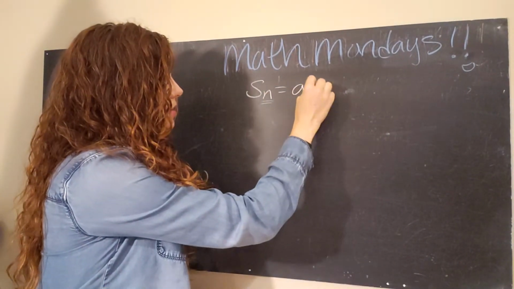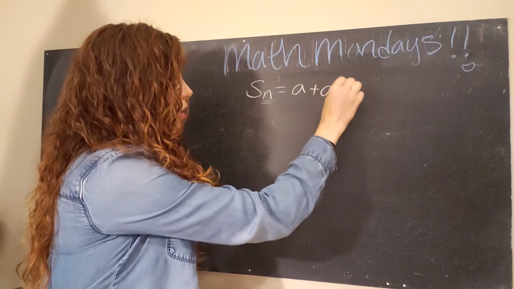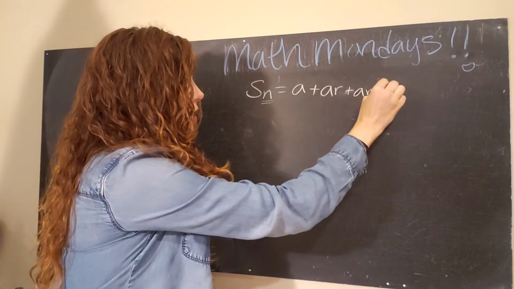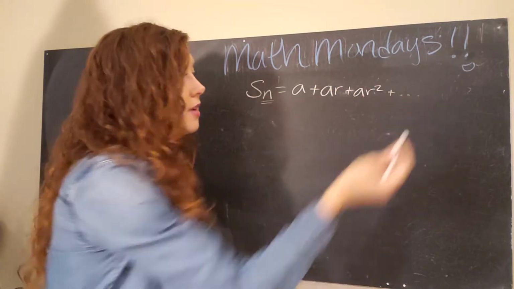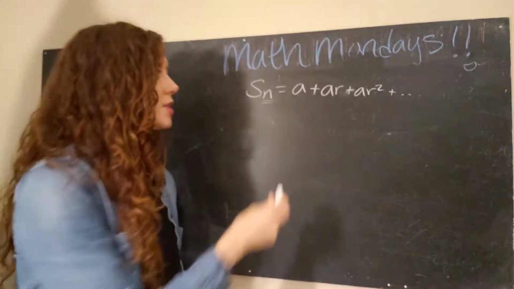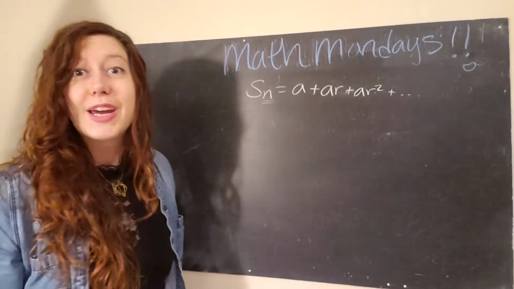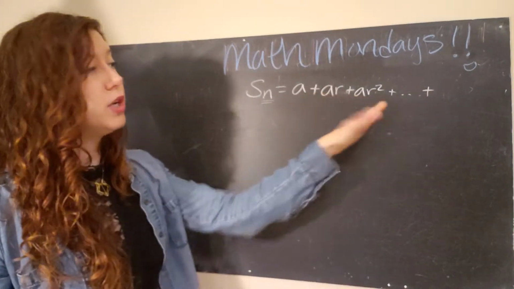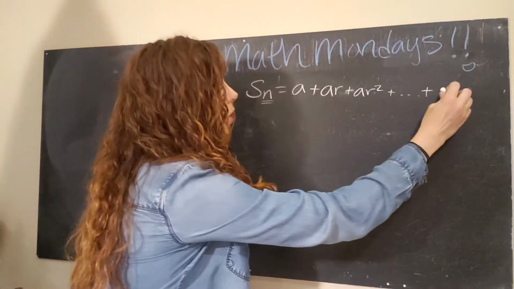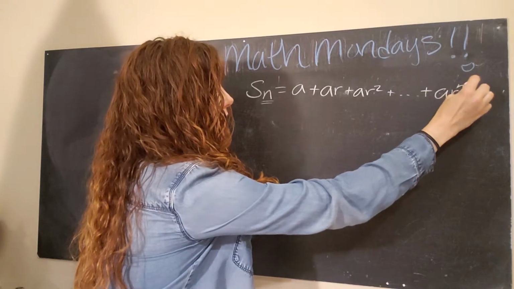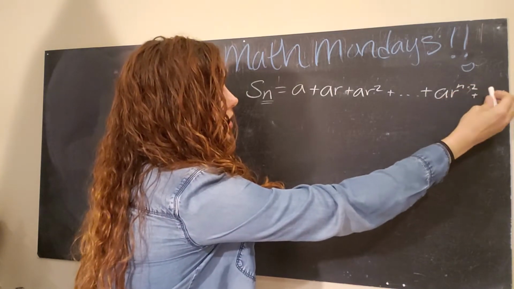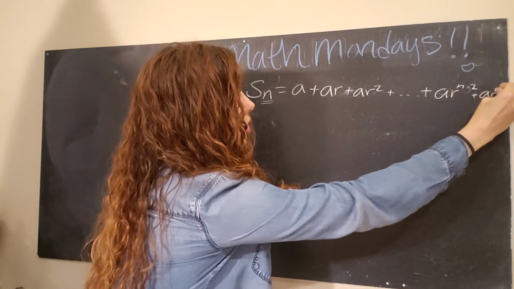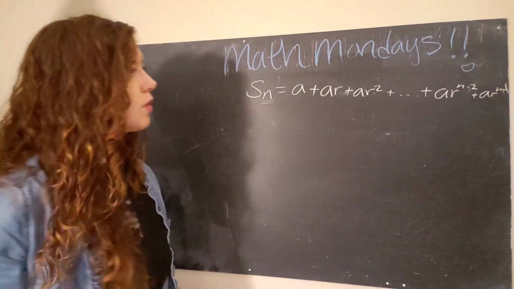So our series was a plus ar plus ar squared plus ... Again, lots of terms with this ... But we can also write the last few terms in our series because we know the pattern. So we will have ar to the n minus 2 plus ar to the n minus 1.